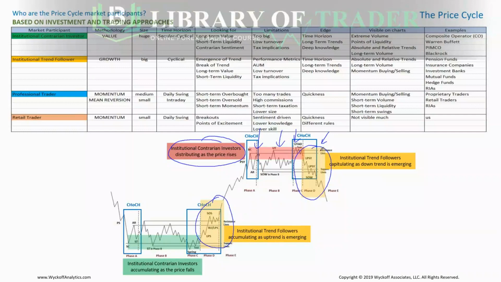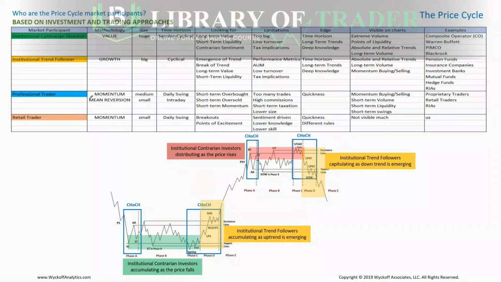And we discuss in details this whole process in the Wyckoff trading course. Where do they sell, why it happens, and what should happen next. So by the time the institutional trend followers start selling either their positions or establishing short positions, the bias has been established.